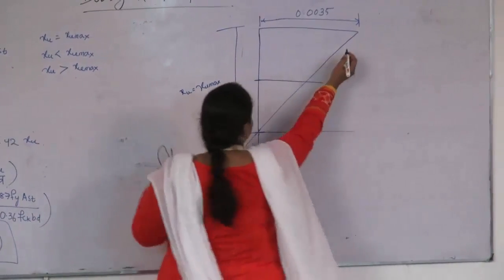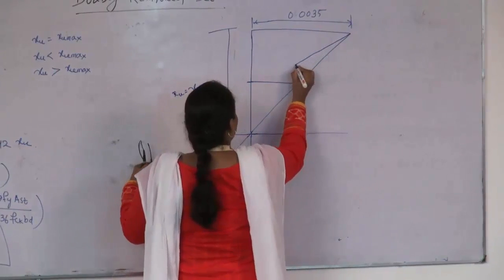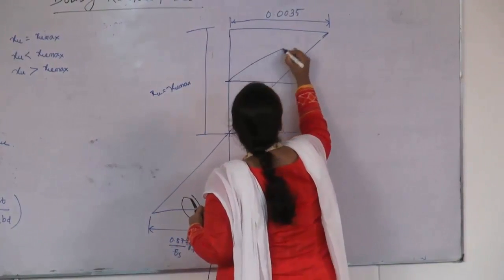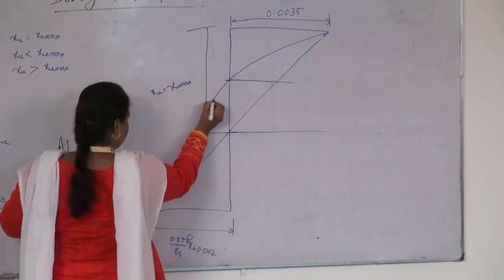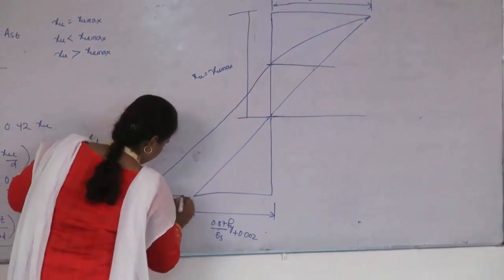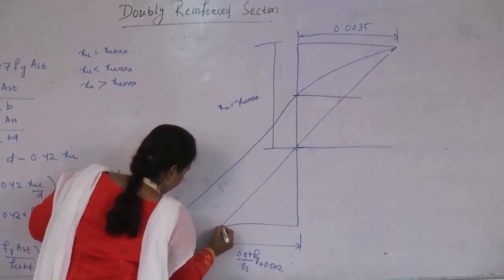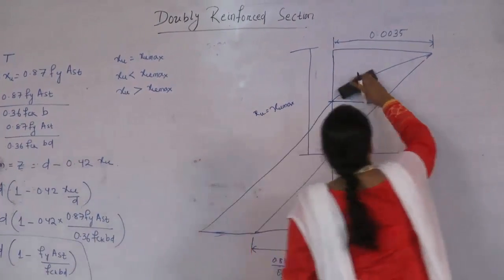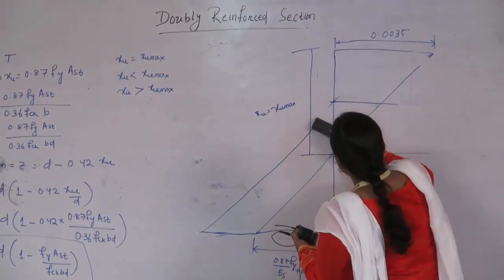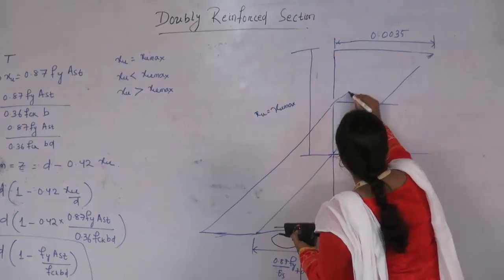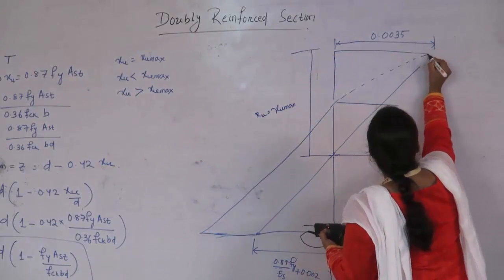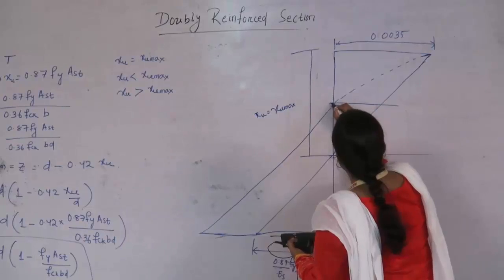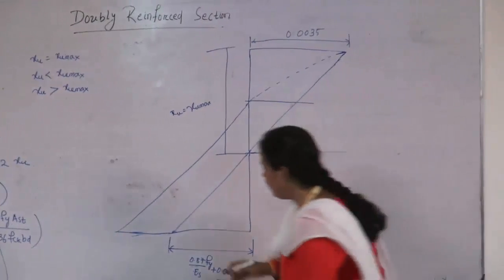So our diagram should be like this. Means what happened here?